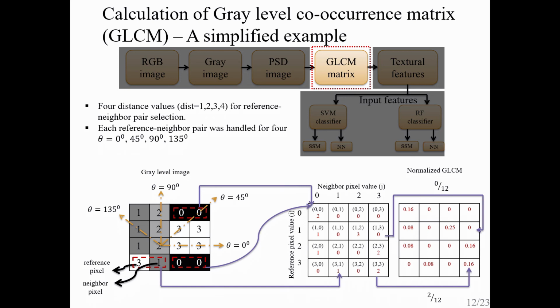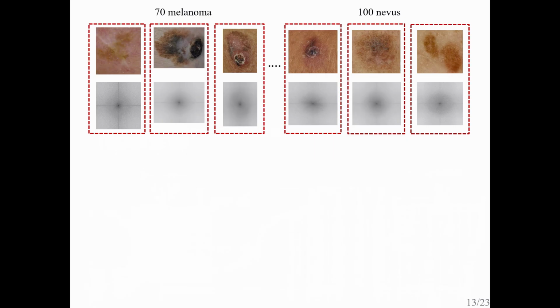So 2 divided by the whole sum of red values is our normalized value. So after this step, we can calculate the textual features from normalized co-occurrence matrices.